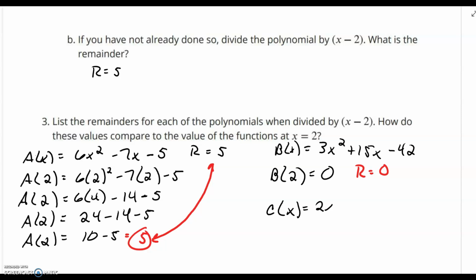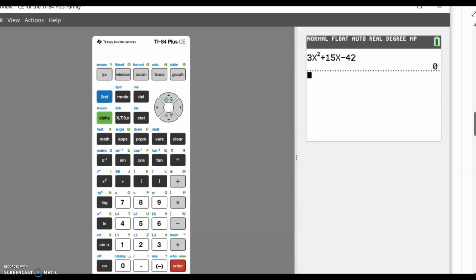C of x was 2x cubed plus 13x squared plus 16x plus 5. Now I can go to my calculator and I just type in that function, 2x to the third power, plus 13x squared, plus 16x, plus 5.